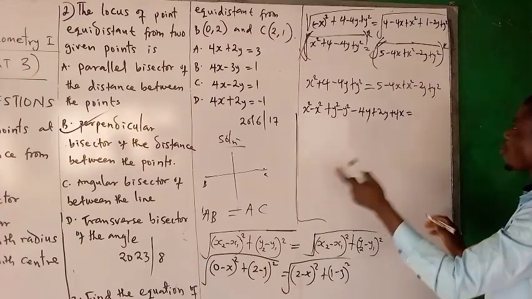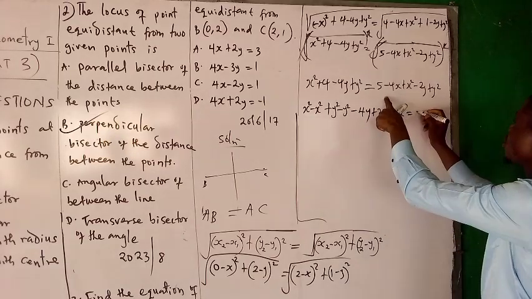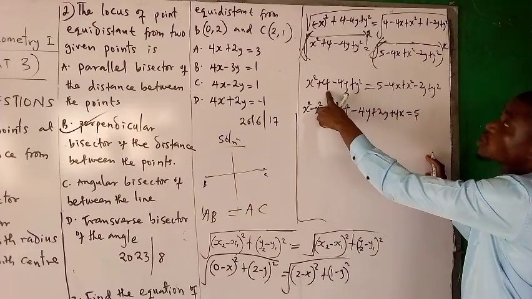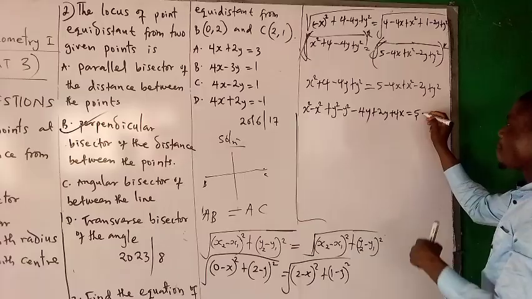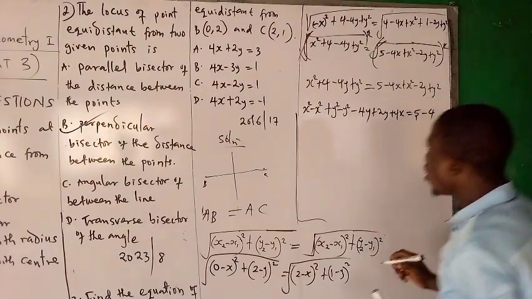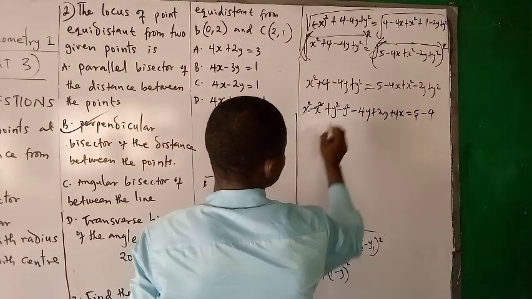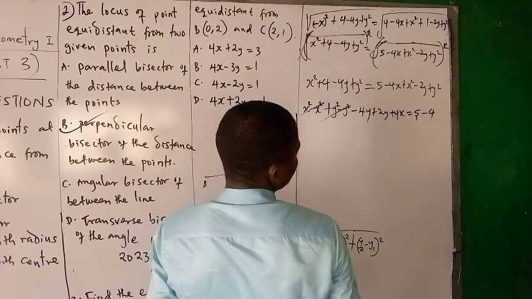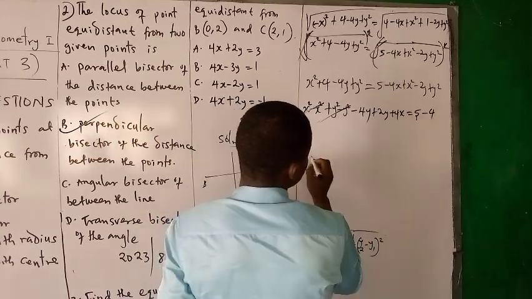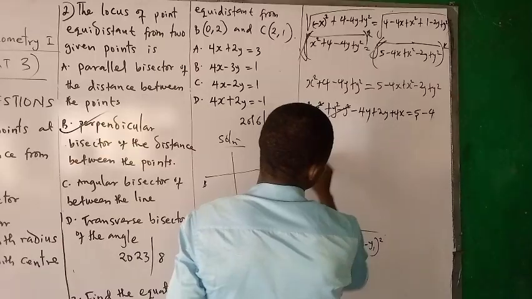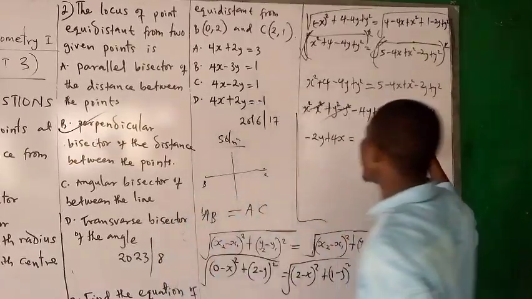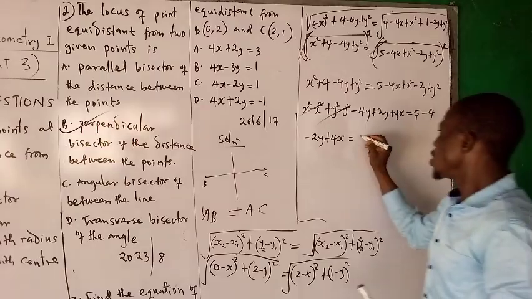Then equal to, I want the numbers to be this side. So 5 is here already. Then 4 is going to meet 5 because minus 4. Are you with me now? Alright, now this can cancel, this cancels. Minus 4y plus 2y is minus 2y, plus 4x equal to 5 minus 4, which is 1.